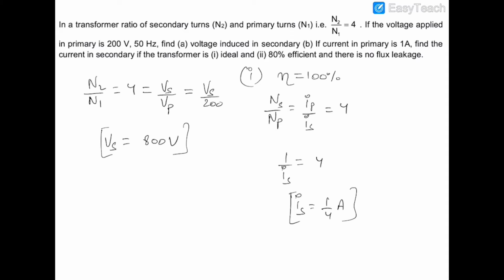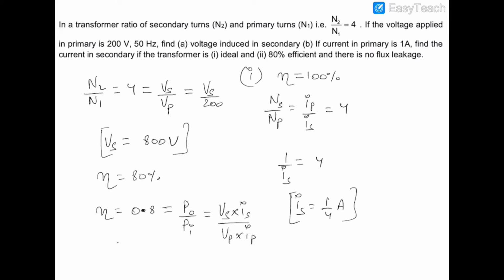Now in the second case, when the efficiency is 80%, then eta is equal to 80 and this efficiency is in percentage, so we need to convert it into a fraction. So eta is equal to 0.8 and this efficiency is equal to power output upon power input, and output power is V secondary into I secondary upon V primary into I primary. Now V secondary upon V primary is equal to 4.